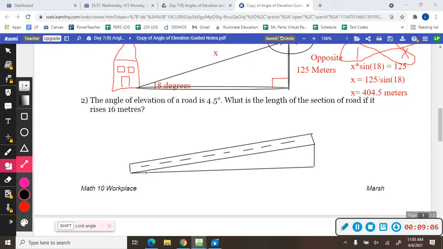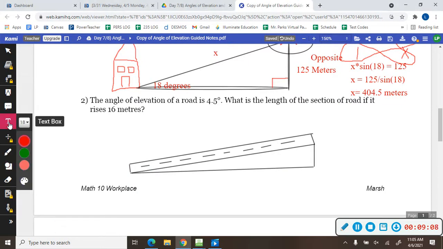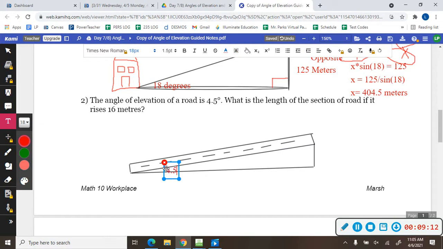Alright, so let's say you have a road. The angle of elevation of the road is 4.5 degrees. What is the length of the section of road if it rises 16 meters? So we know that from where it starts, it rises 16 meters. And then what is the length of the section of road? So what is the length of the road? That'd be x.